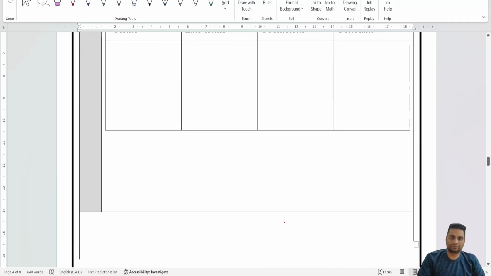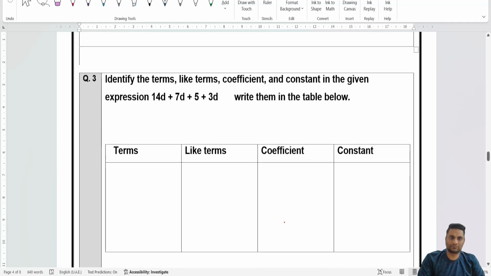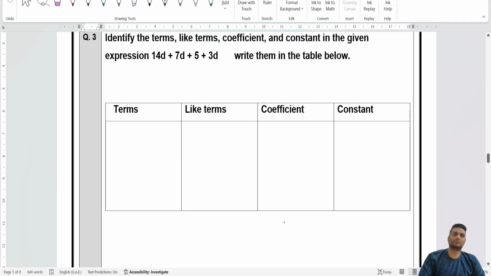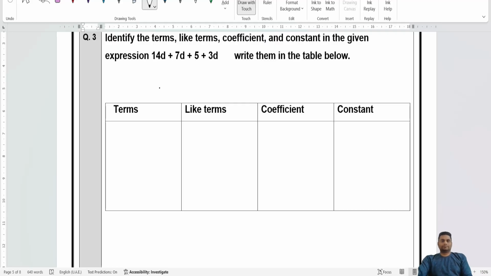Next question. Identify the terms, like terms, coefficient, constant in the given expression. I already told you about the coefficient and constant. Let us talk about the term. You see the plus here, right?